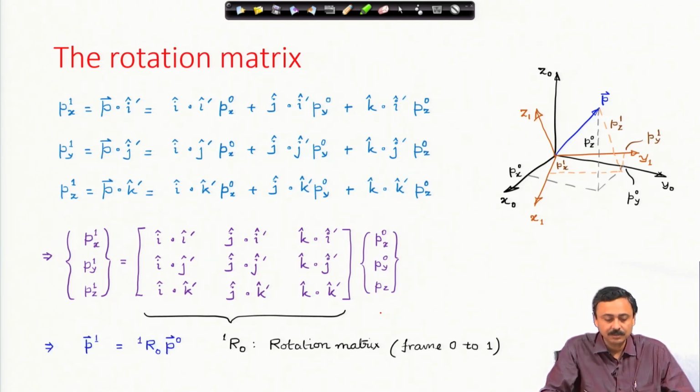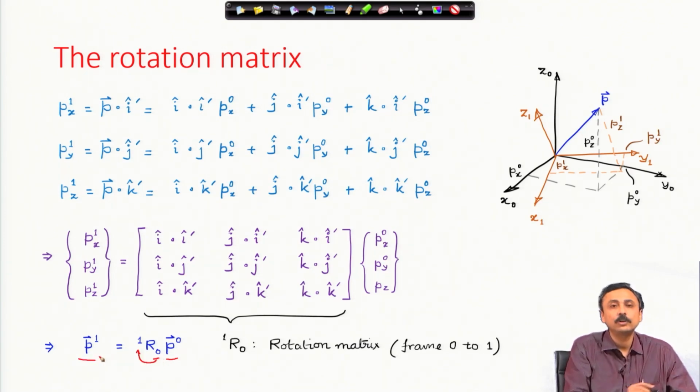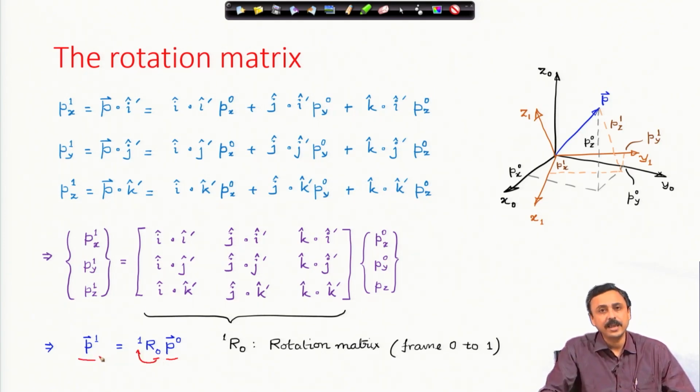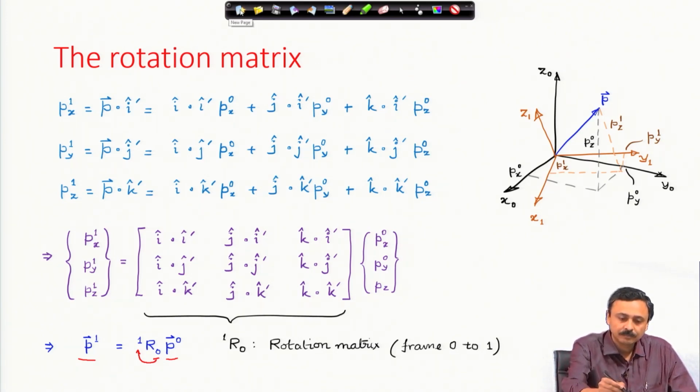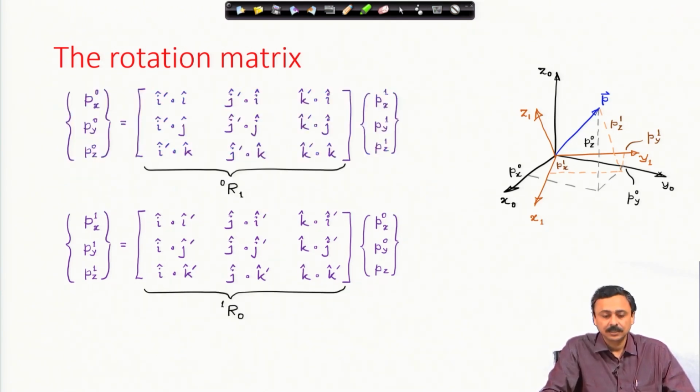On the right hand side we have the coefficients of representation in frame 0. It takes from 0 to 1, and what we get is a representation of the same vector in frame 1. And again this matrix has only dot products, which gives us the cosine of the angle between the various axes.